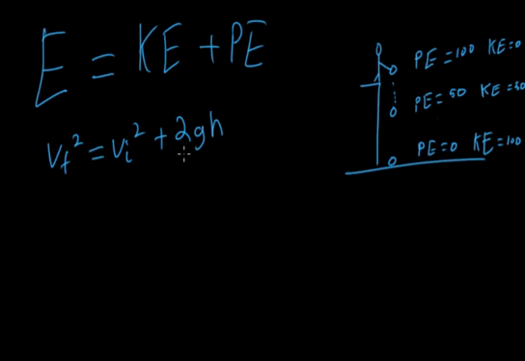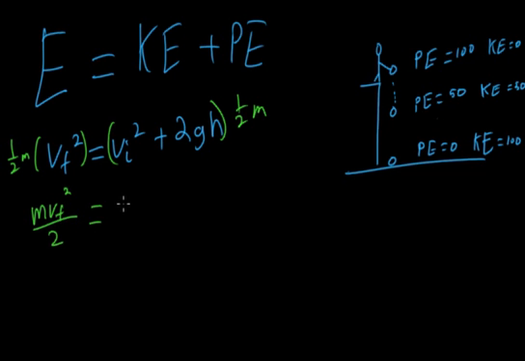Now, what I'm going to do is multiply both sides of this by 1/2 m. I can do that. I can multiply both sides by whatever I like. Look what we get when we do that. We get m Vf squared over 2 equals m Vi squared over 2 plus, when we do this, the half cancels the 2, so we get just plus mgh.